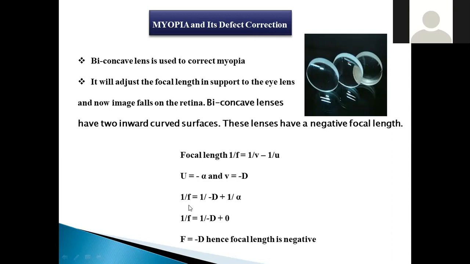Now let us apply the focal length formula. 1 by f is equal to 1 by v minus 1 by u, which becomes 1 by minus d plus 1 by infinity. 1 by infinity is always 0, so 1 by f is equal to 1 by minus d, nothing but f is equal to minus d.